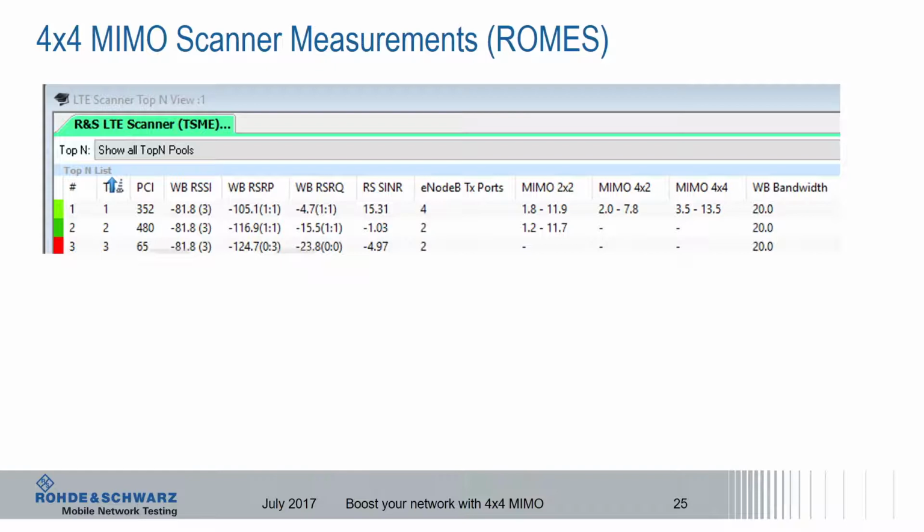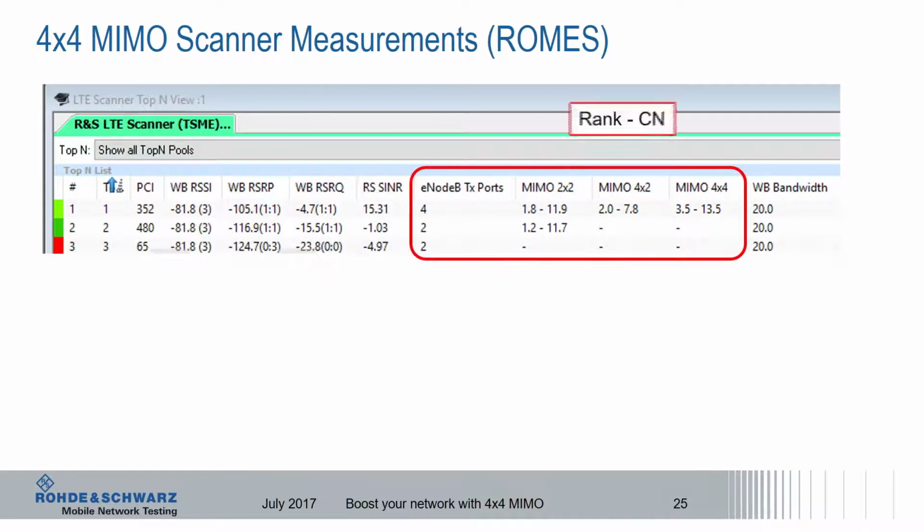Besides the measurements we show, you will also get fundamental information coming from the scanner. First of all, what is displayed here is the rank and the condition number, and of course the number of TX ports. The number of TX ports is decoded from the master information block, the MIB, because our scanner is capable of decoding the master information blocks and all SIB messages.